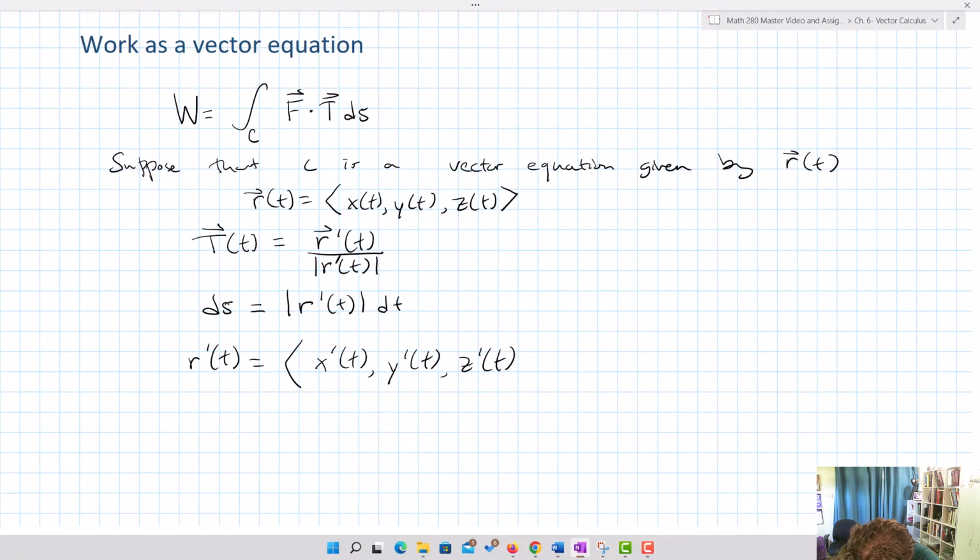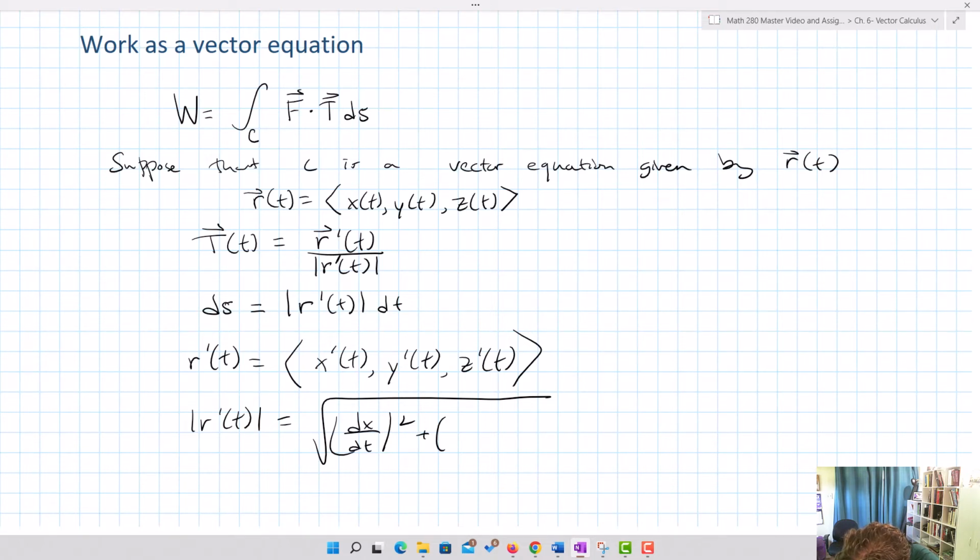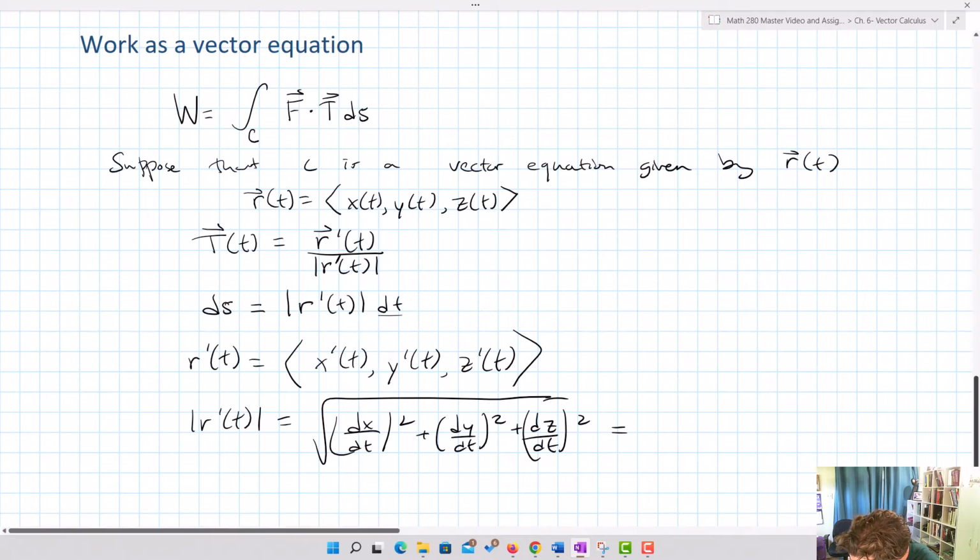So the magnitude of R prime of t is the square root of dx/dt squared plus dy/dt squared plus dz/dt squared. And then we add a dt to it, and that is ds.